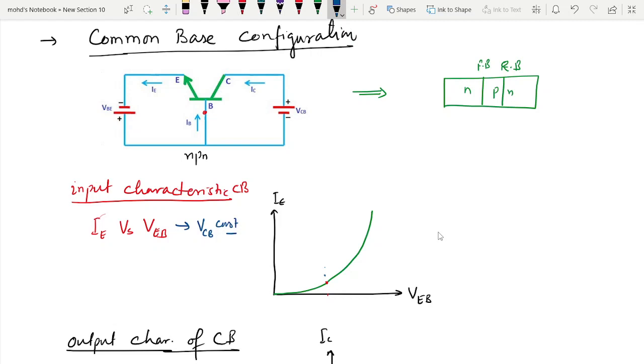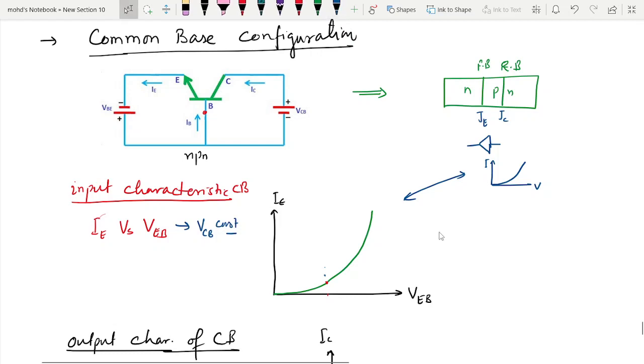As we know, for an NPN transistor, the emitter junction is forward biased and the collector junction is reverse biased when the transistor is in active mode. So the emitter PN junction, if it is forward biased, has a VI characteristic like a diode's, like this.